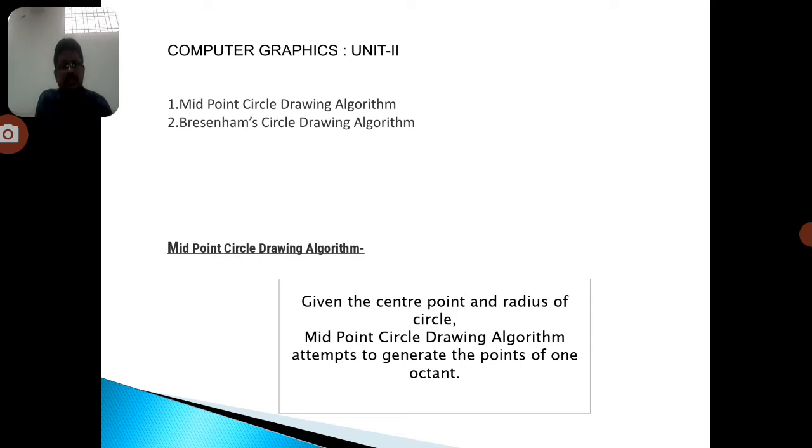That means the midpoint algorithm also generates the coordinates in four quadrants and similarly the 8 octants. If you find only one octant, we can follow the previous condition similarly.